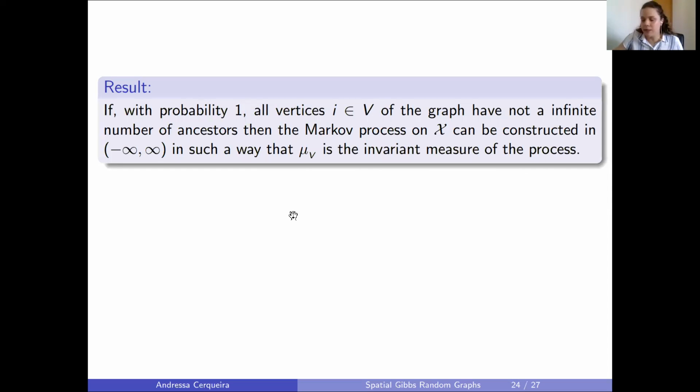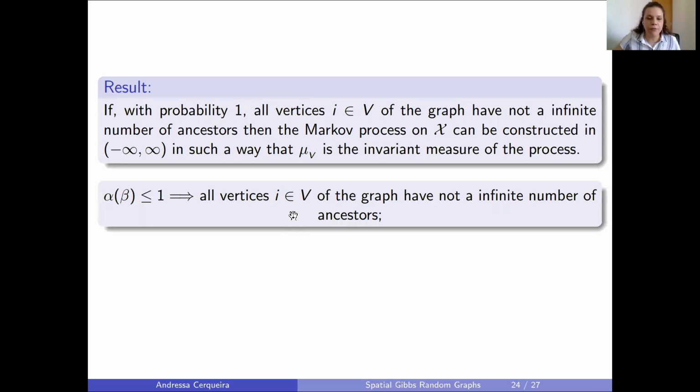So, okay, what is the result that's important? What's important here is that, remember that I defined before this alpha of beta function, and when this alpha of beta is smaller than 1, I guarantee that all the vertices of the graph have not an infinite number of ancestors.